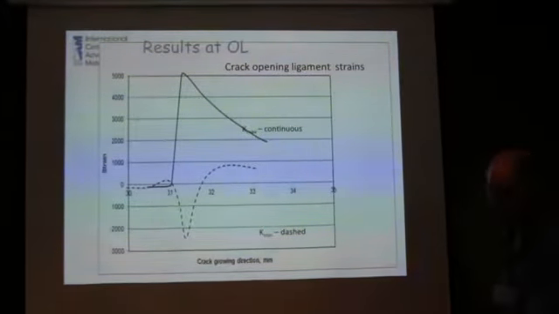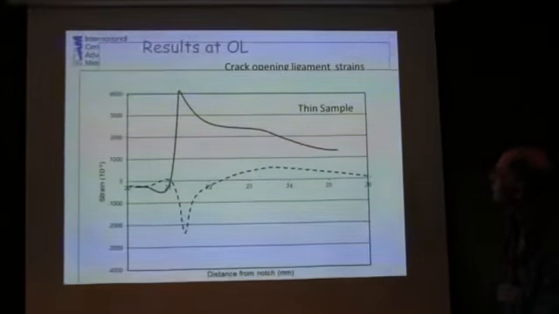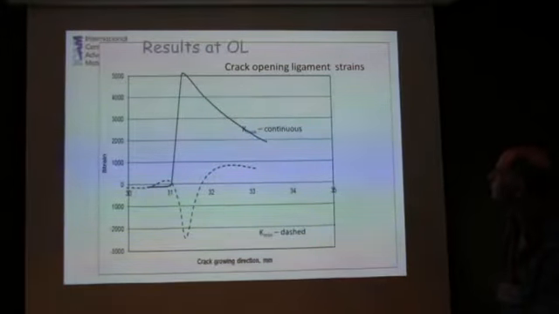And if we compare thick and thin at overload, this is thick at overload, and that's thin at overload. So there is a little bit of a difference. The graphs are at the same scale.